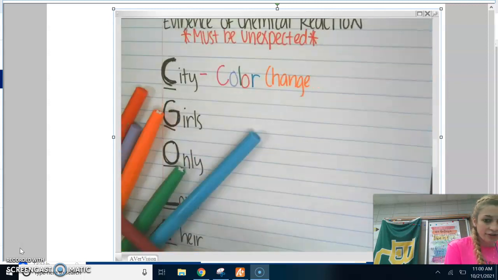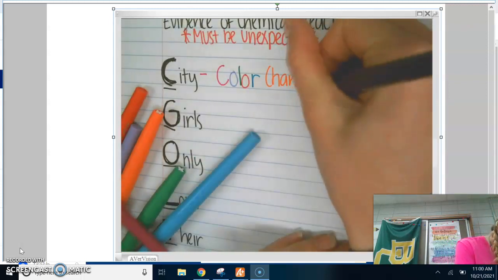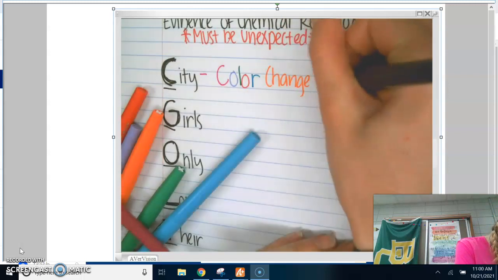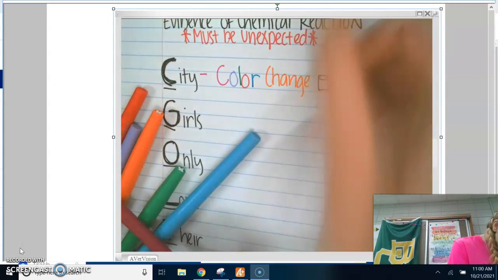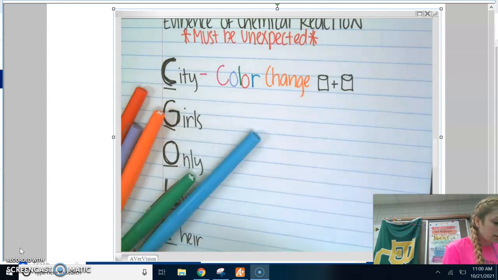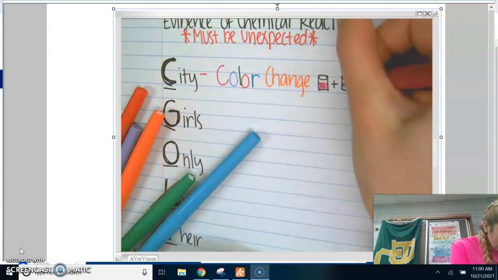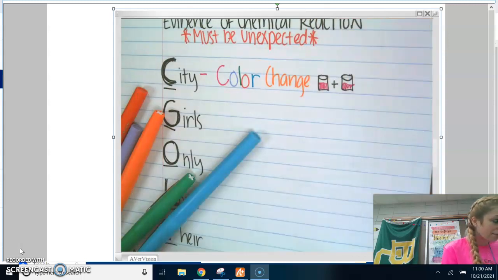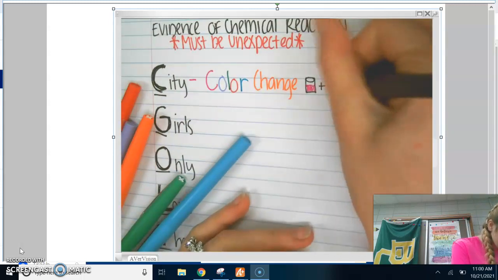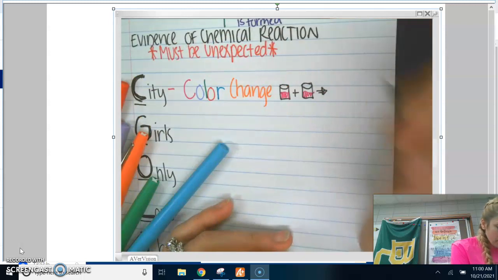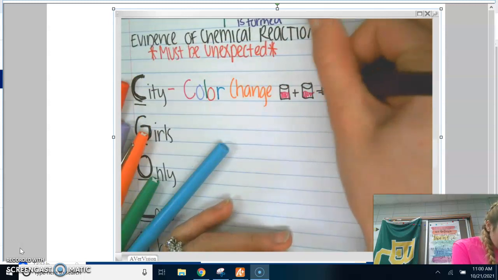If we have a beaker plus another beaker, and let's say both of these just have little simple pink liquid in it. And then we combine them and they form a black liquid?